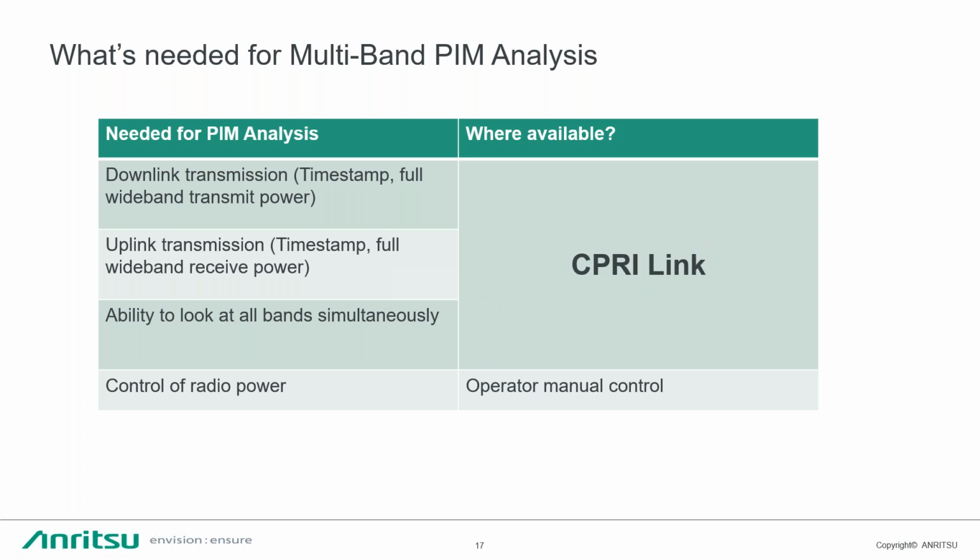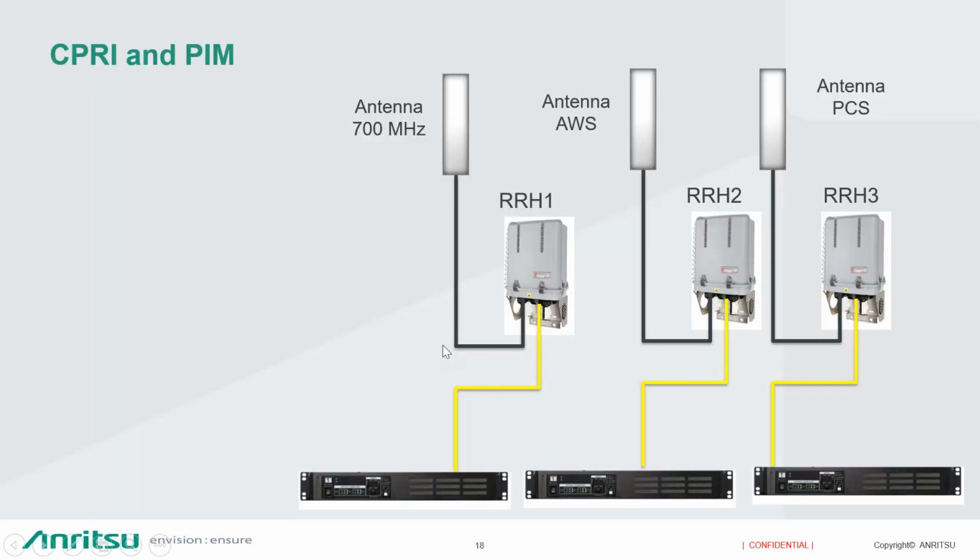And so we're going to look at a scenario where we use the CPRI link to do a multi-band PIM analysis to answer all of the questions on PIM diagnosis that I just talked about. So let me go through a little scenario here, and this, again, is a US-centric example. If I've got a tower with 700 megahertz lower band, higher band, band 14, AWS and PCS, there are a number of different IM products between all of these frequencies that can interact in different uplinks.